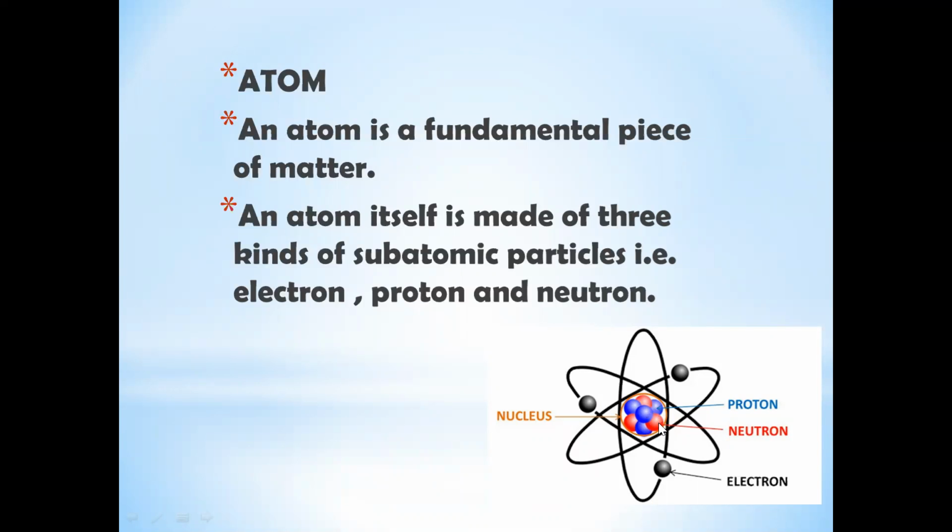Protons and neutrons are always present inside the atom, and it is called a nucleus. While you can see that the electrons are revolving around the atom. So the electron always revolves around the atom, while the proton and neutron are present inside the atom, which is called its nucleus.